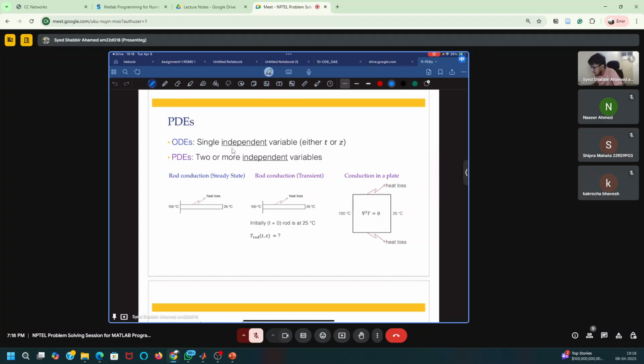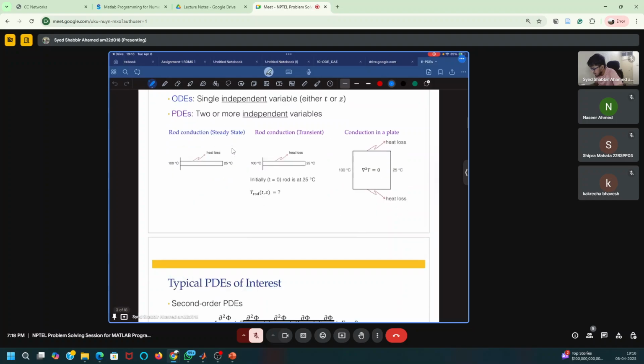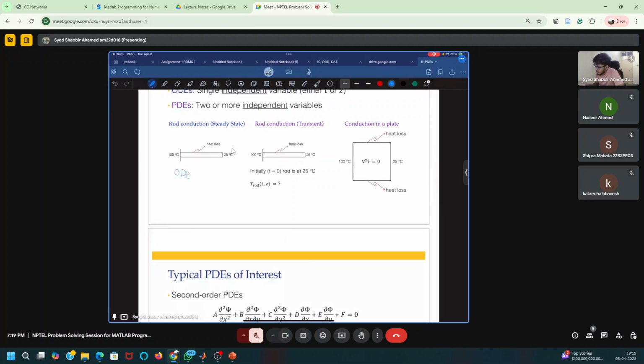When we derive its governing differential equation, we will get an ordinary differential equation. In rod conduction in a transient state, we will get a partial differential equation in which the independent variables are t and z. In the steady state we have only one independent variable, which is z. Here we have two independent variables, t comma z. That's why we'll get a partial differential equation.